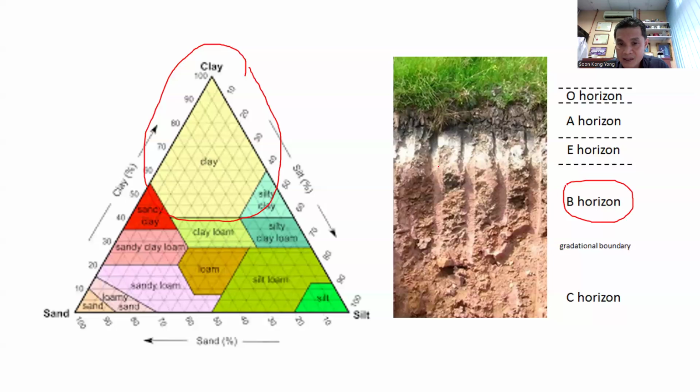This is the B horizon, where clay is concentrated. Okay, the Bt horizon. When are you going to learn this? Next week, I believe. So this is the general information that you need to know.